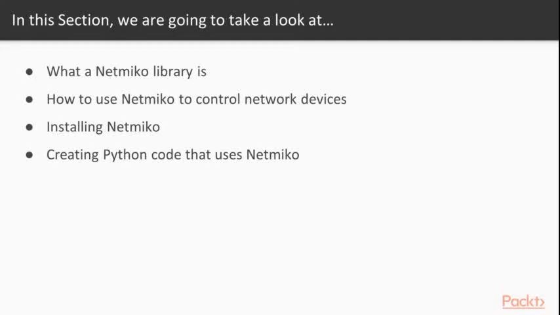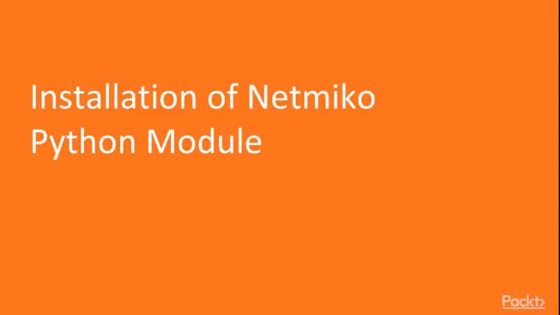We'll be installing that library on our local machine, leveraging pip and the Python virtual environment that we created in the previous section. At the end, we will be creating Python code that uses the Netmiko library to gather some information from external network devices. And this is the first video of our second section.